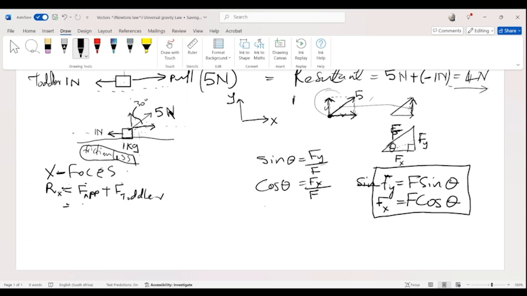The force of the toddler is a -1 because it's acting in the opposite direction.